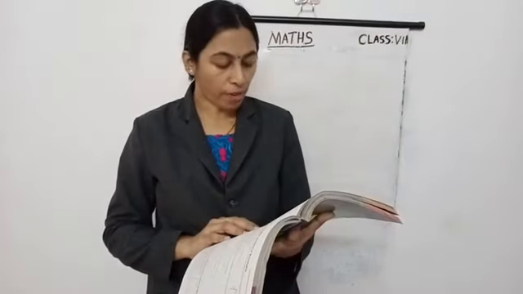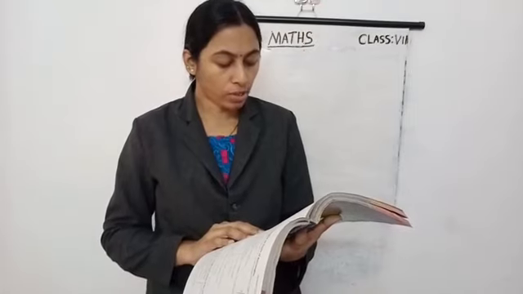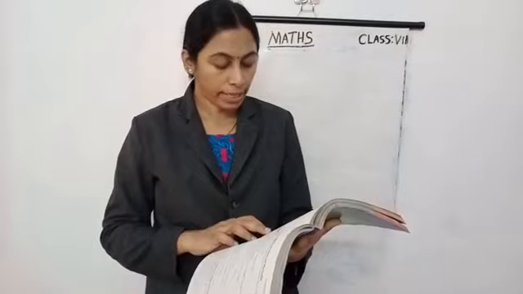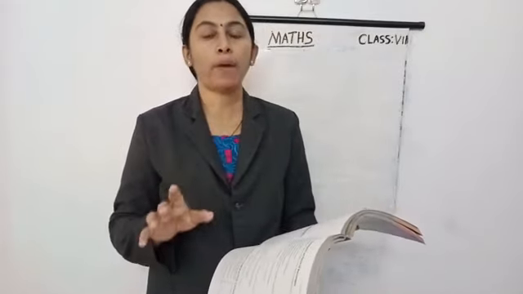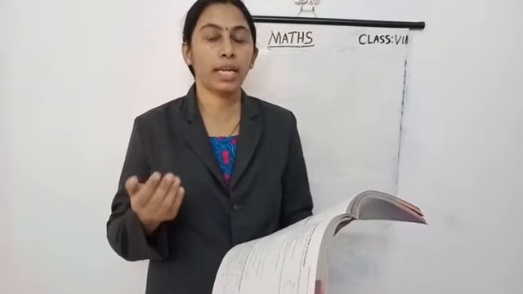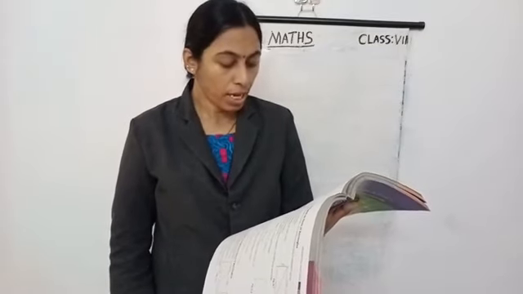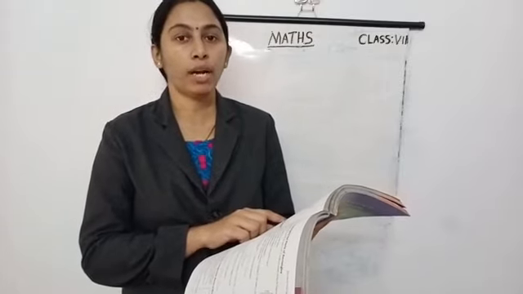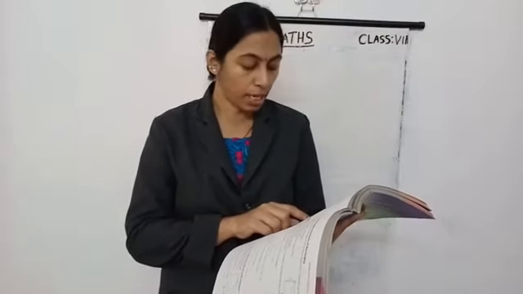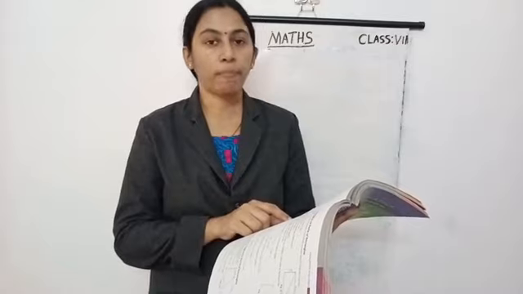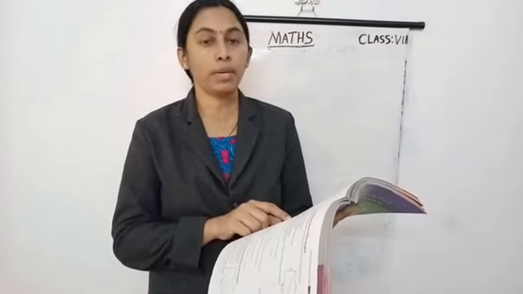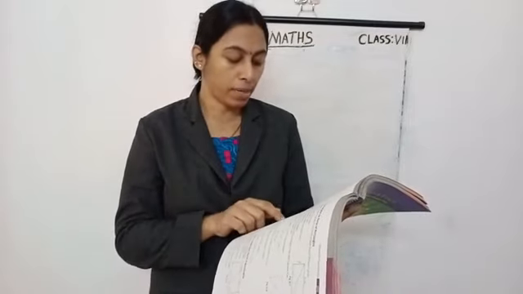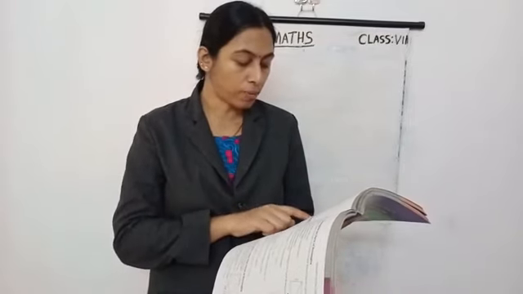Now question number 5. The area of a square park is the same as that of a rectangular park. That is, given the area of a square park is the same as the area of a rectangular park. If the side of the square park is 60 meter and the length of the rectangular park is 90 meter, find the breadth of the rectangular park.